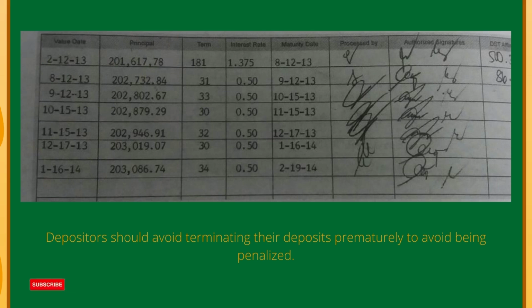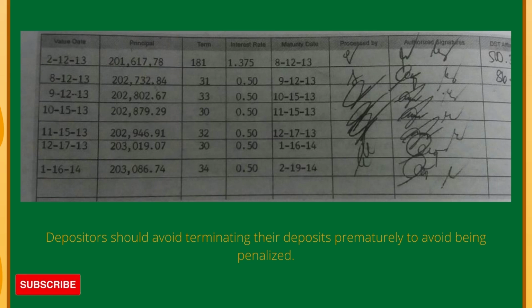So depositors should avoid terminating their time deposits prematurely to avoid being penalized. A bank pays a higher interest rate on time deposits because it plans to use those funds for a determined time period. Imposing a penalty deters clients from withdrawing funds in time deposits because of the maturity date.